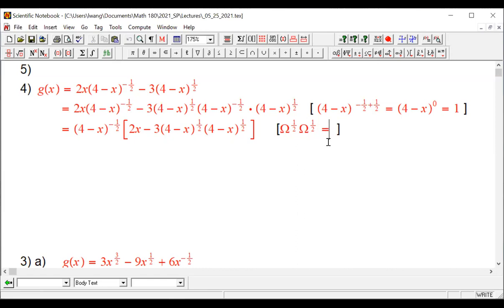So this is really just a square root of omega multiplied by another square root of omega. Do you see that? And what is that? It's the square root of omega squared. That's what it is. Do you follow me? Everybody?